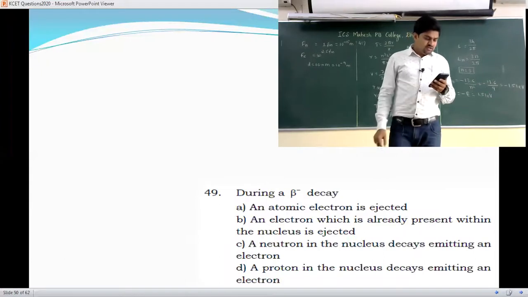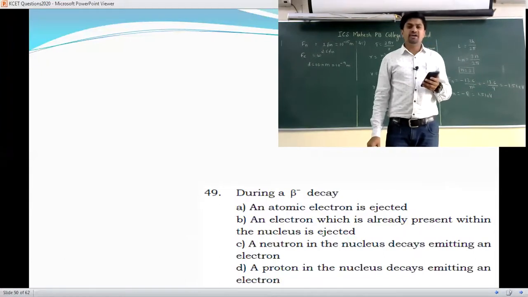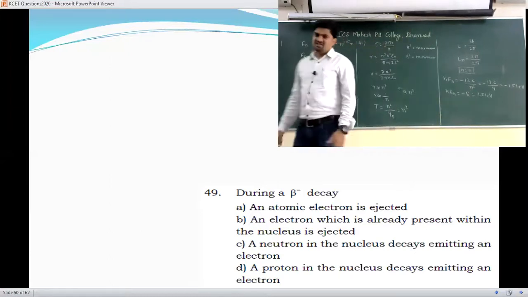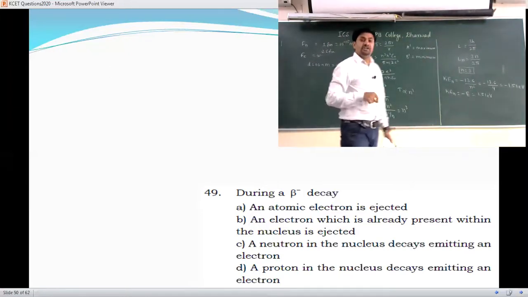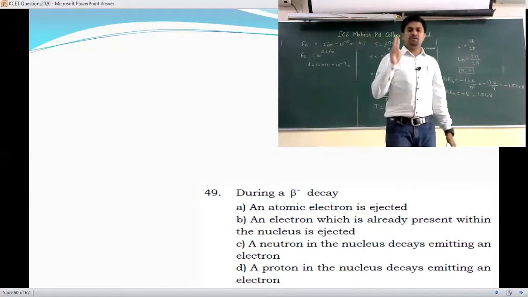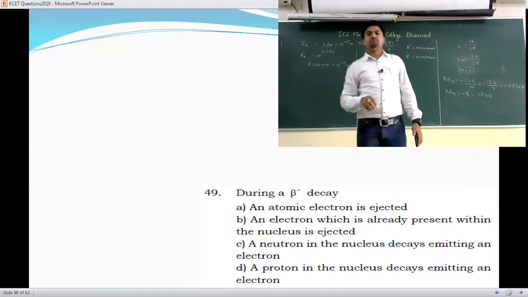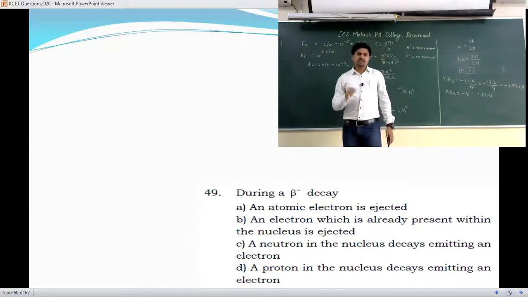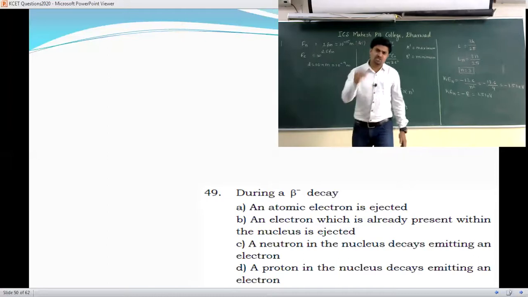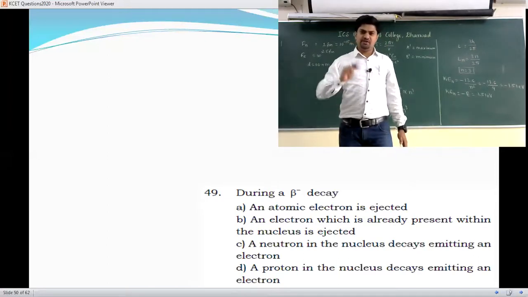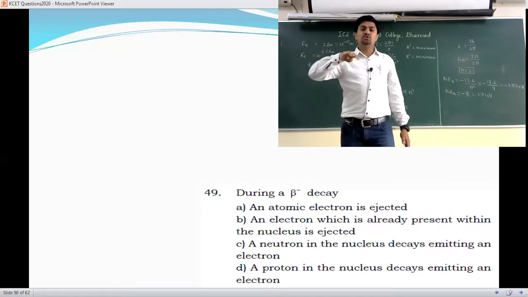During negative beta decay. Before going to the options, I will just tell the theory of beta decay. In beta decay, we have two types, positive beta decay and negative beta decay. Beta decay takes place due to the ejection of antineutrino and neutrino. These are neutral particles, and they are emitted from the neutrons.